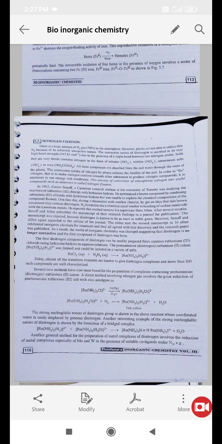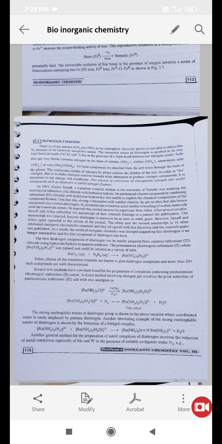The editor sent the revised manuscript to 16 other celebrated inorganic chemists for comment, and they agreed with this discovery, and the research paper was published. As a result, the world of inorganic chemistry was changed, suggesting that dinitrogen is no longer unreactive, and the first compound of dinitrogen was born.